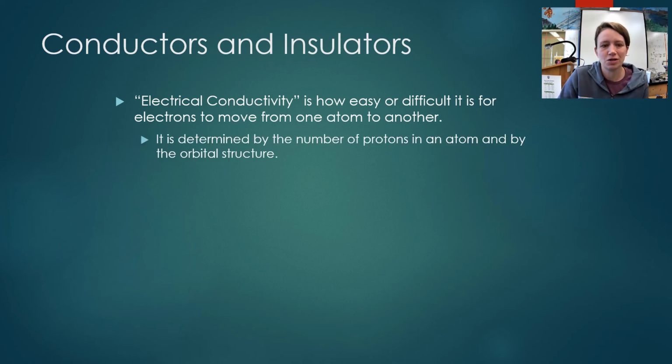The amount of electrical conductivity an object has is determined by the number of protons in the atom and also just the orbital structure. That's a little bit complicated, and we don't have to calculate what it should be. We just need to realize that it's based on some of those orbital properties.